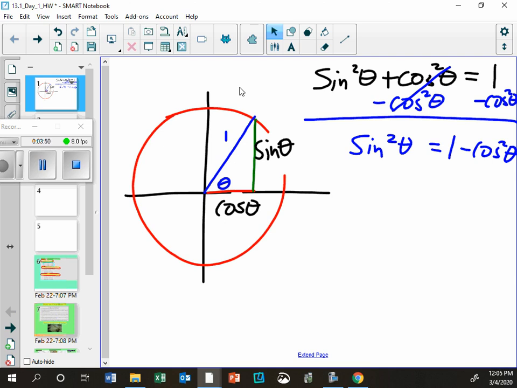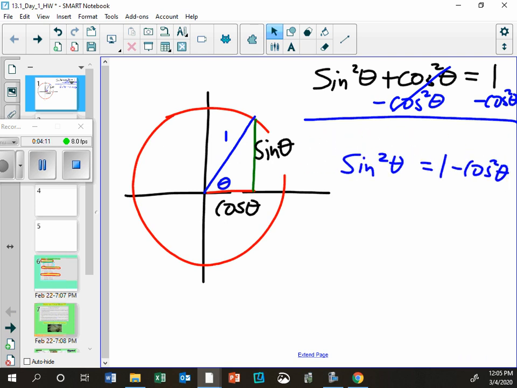Now, you would not make a list of all the things that you could prove from sine squared plus cosine squared equals 1. You want to keep your list down because, believe me, even as it is, you're going to have to memorize like 9 things. That's one of them. But this came from that black one, sine squared plus cosine squared equals 1.